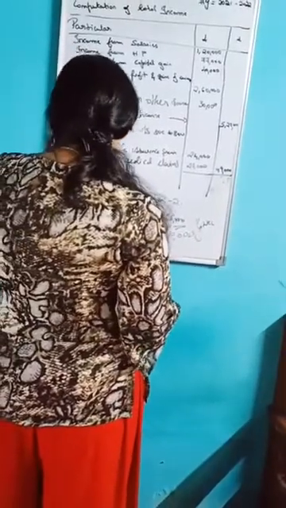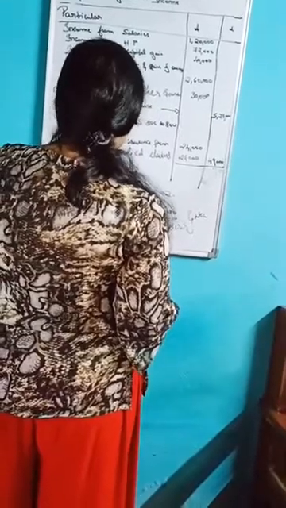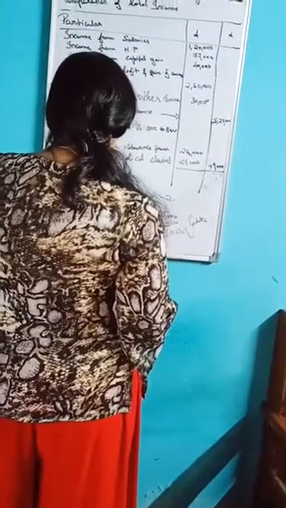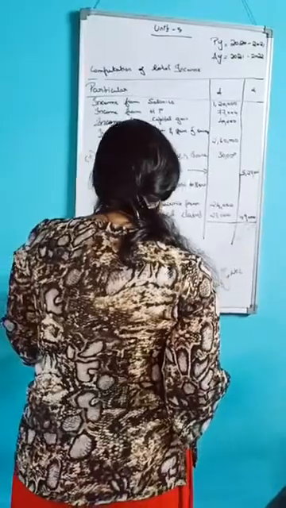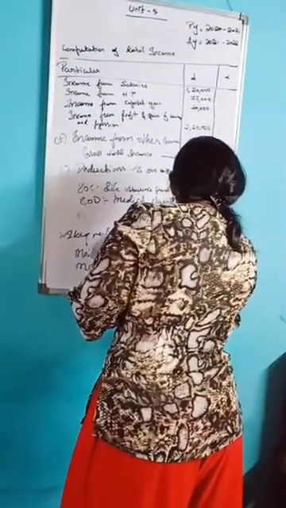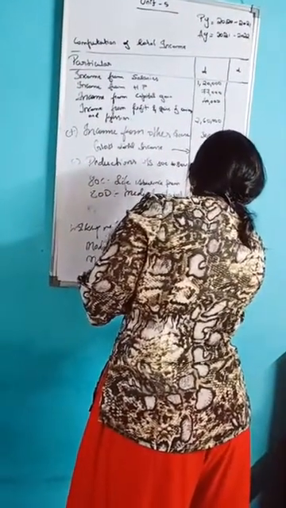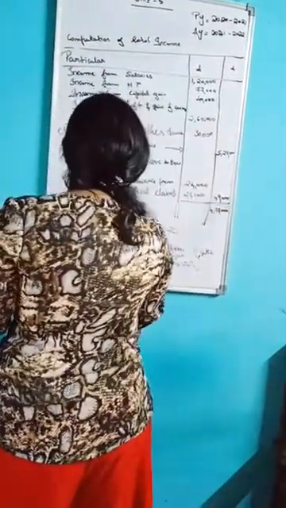So 5,27,000 minus 49,000, you will get 4,78,000. That is total income.